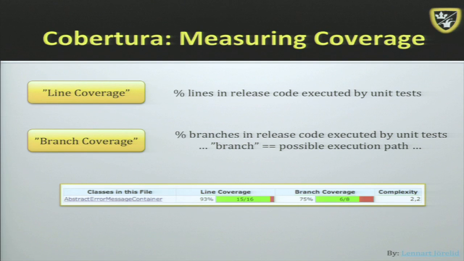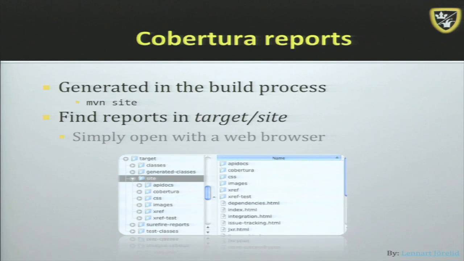In a report from this plugin, you can see the coverages illustrated rather decently, graphically. And when you build the Maven site, you will get all these reports. So it's very easy for a developer to build these locally and check it out before committing stuff. It's always nice to have feedback beforehand.